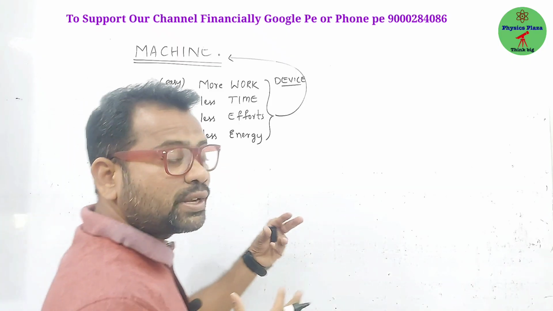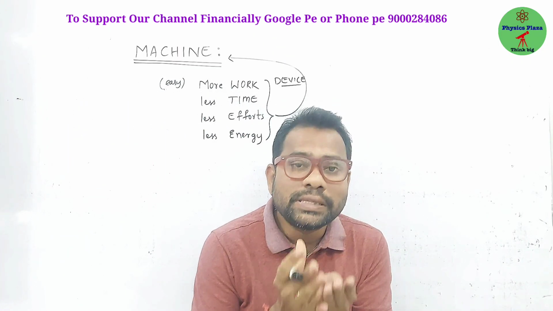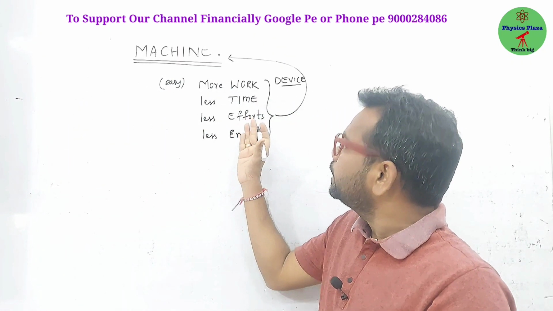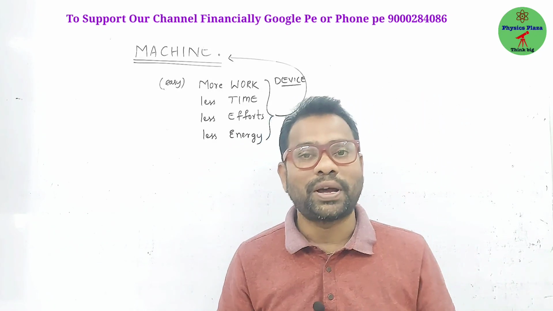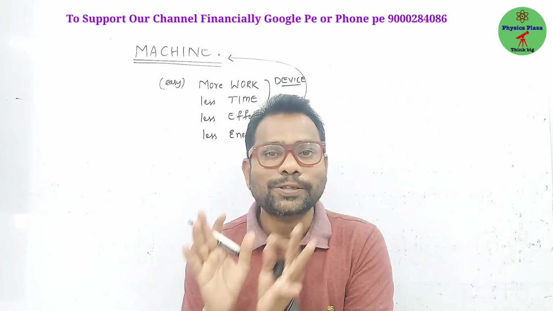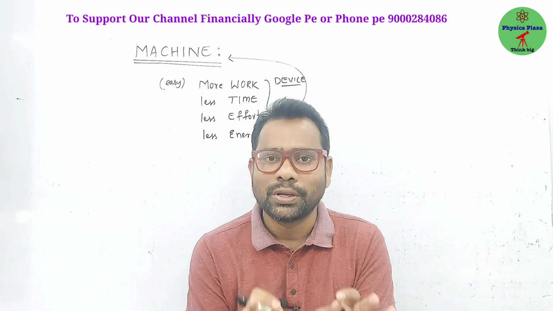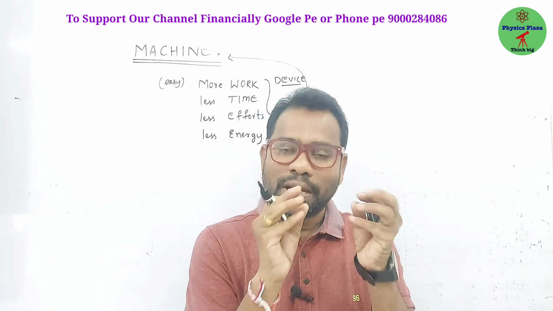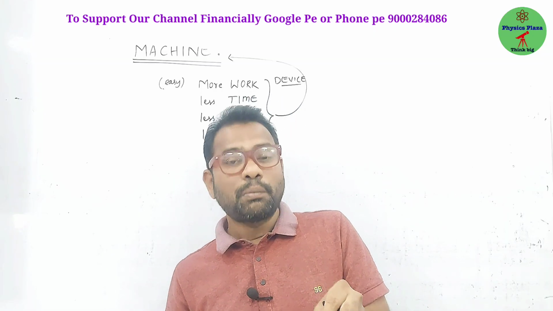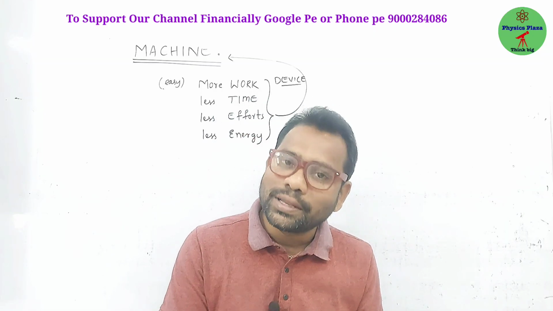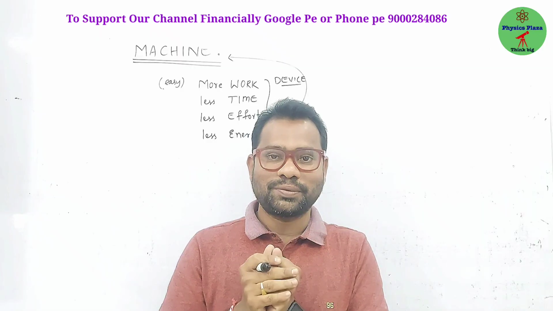It is a device which will make our work easy, by spending less effort, less energy, in less time, in a comfortable manner. Such a device is called a machine. Children, a machine is a device which makes our work easier by spending less time, less energy, less effort.